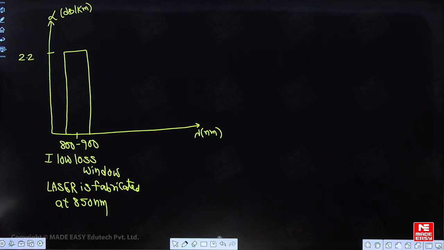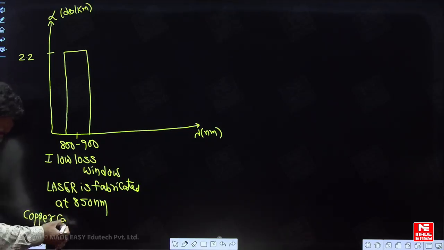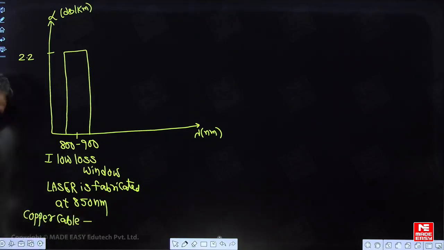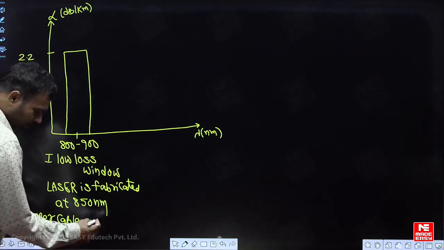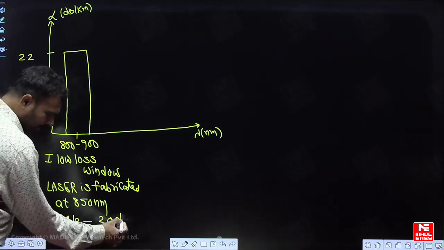The reason for fabricating the laser at 850 nanometers is very simple. Up to there we had a copper cable used for telecommunication, and that copper cable has a loss of 20 dB per kilometer.